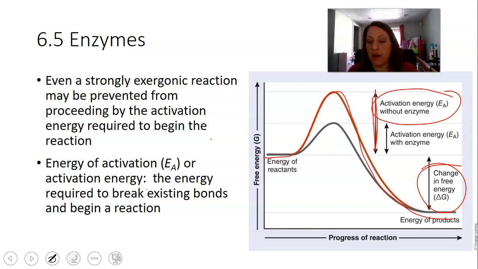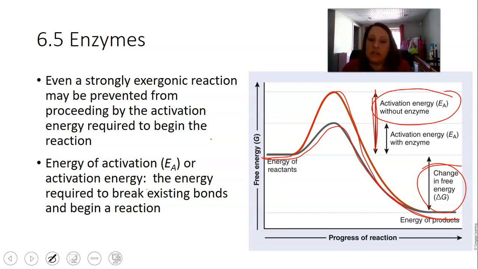That means that the products have less free energy than the reactants. So energy is released through this reaction, but there is still that activation energy, that hump, that barrier in the very beginning. Okay? In gray or black, I'll trace over it really quick, that is this reaction with the presence of an enzyme. So notice that the change in free energy value doesn't change. The same amount of energy is released.